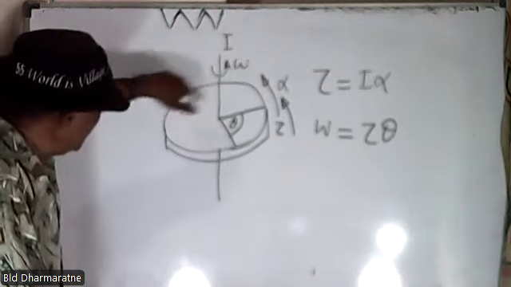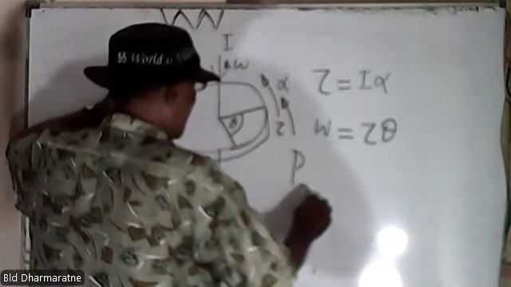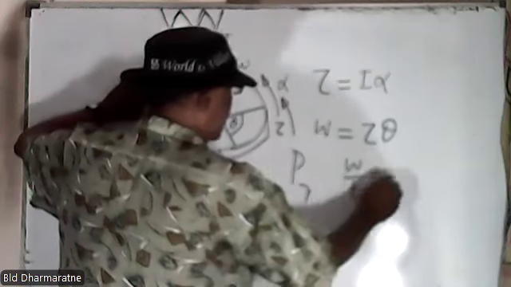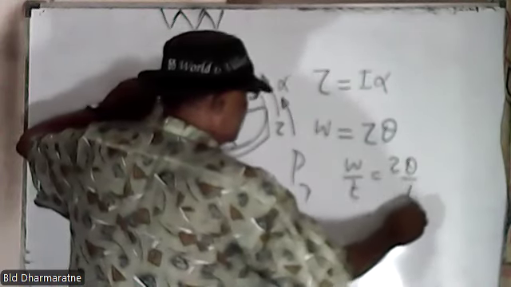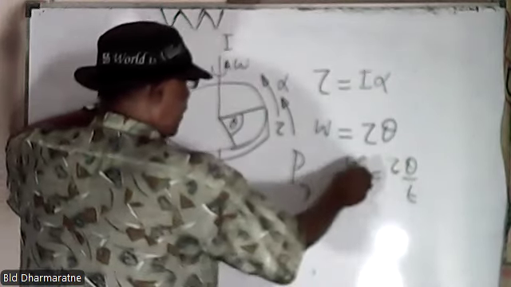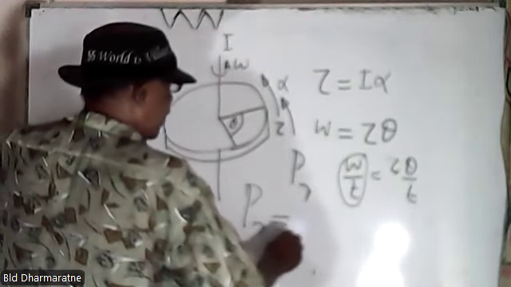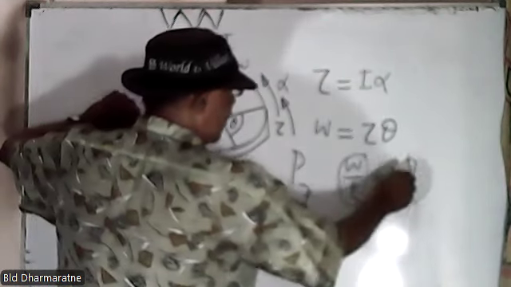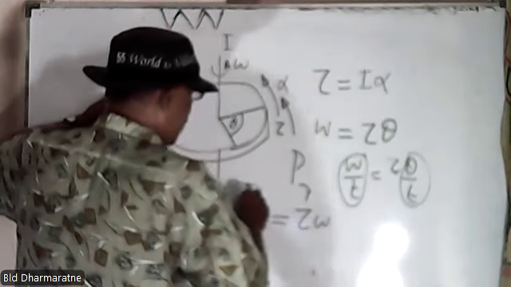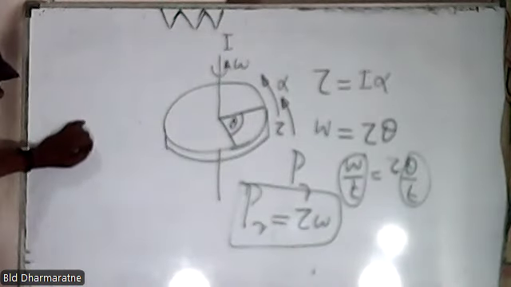Now we have the rotational power, P R. What is the rotational power? Easily, it is work done over time, W over T, which is torque times theta over T. Theta over T is omega, so rotational power equals tau omega, torque into omega.